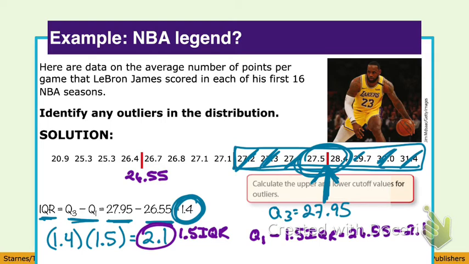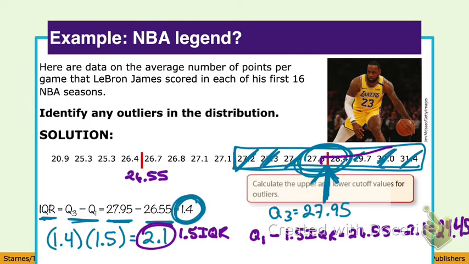What is 26.55 minus 2.1? 24.45. Anything less than this would be a lower outlier.